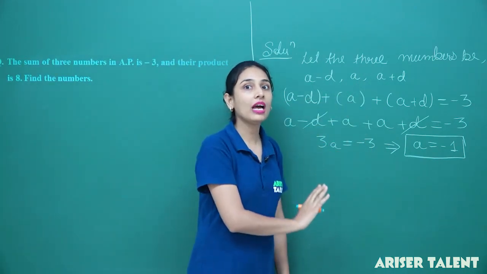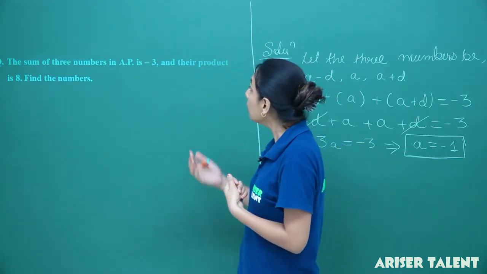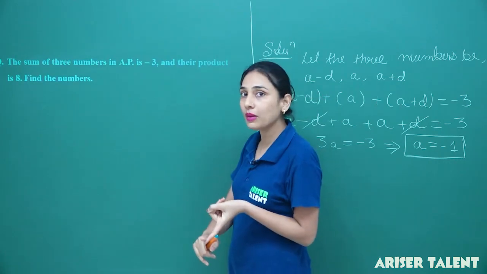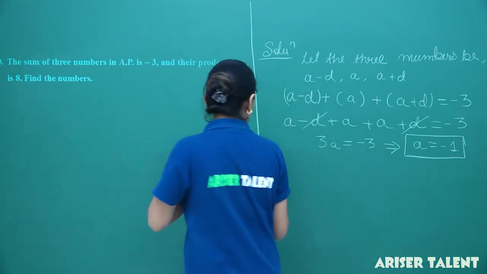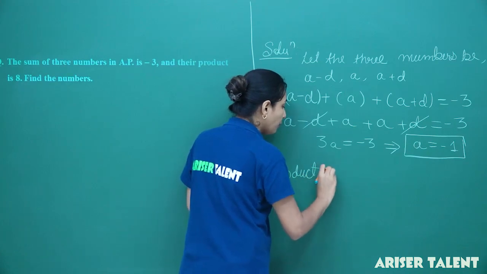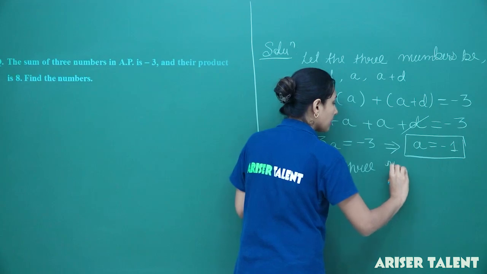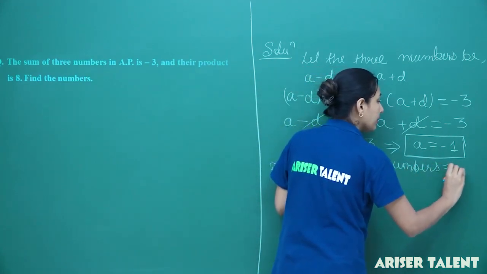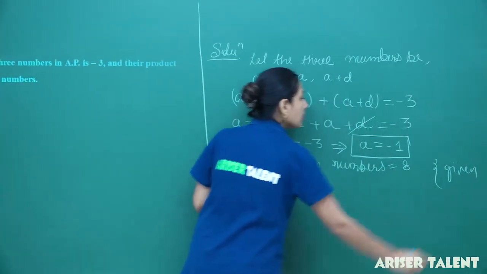Okay. Now you have the value of A; how will you find out the value of D? Their sum was given as -3 and their product is 8. Now the product of three numbers equals 8, and this is given.